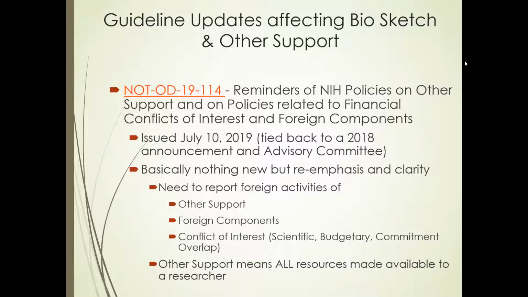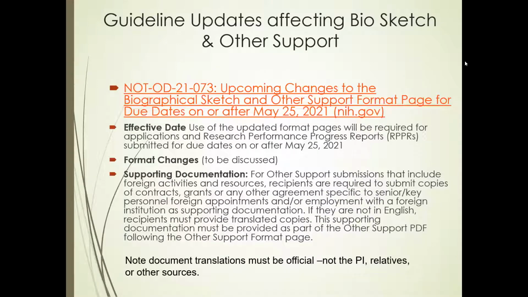And that other support meant all the resources that were being made available to the researcher. So it was just a reminder. It's business as usual, but just in case you have overlooked it, this is what we're looking at.